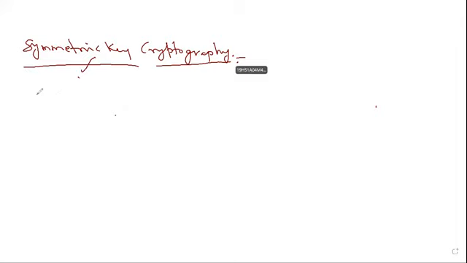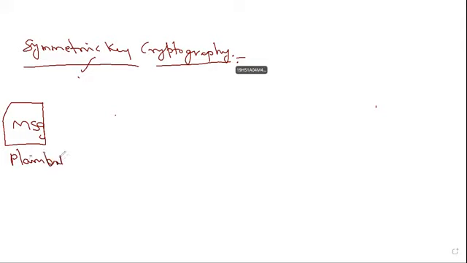So we should show all this as a block diagram. Let us assume this is the message the sender wants to share in a secure manner. We can also call it plain text or the original message, right? So plain text is the original message.